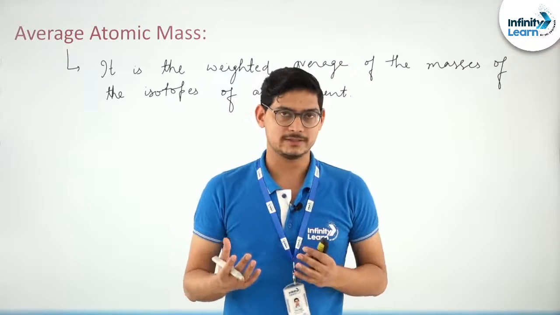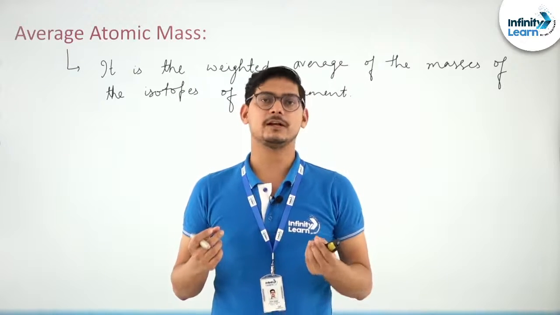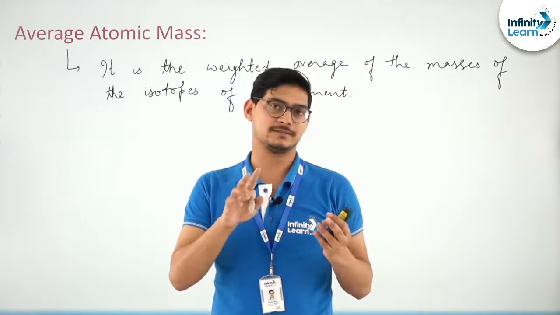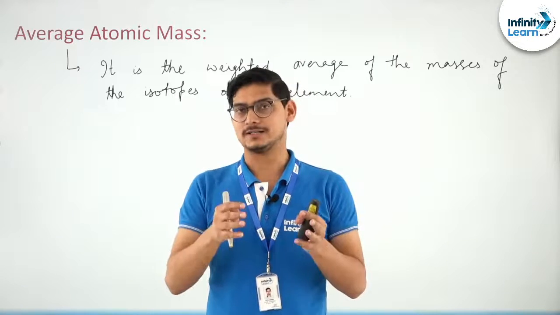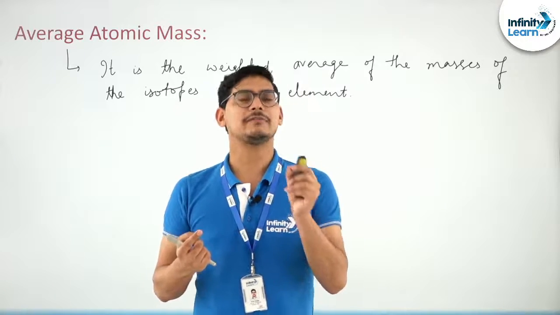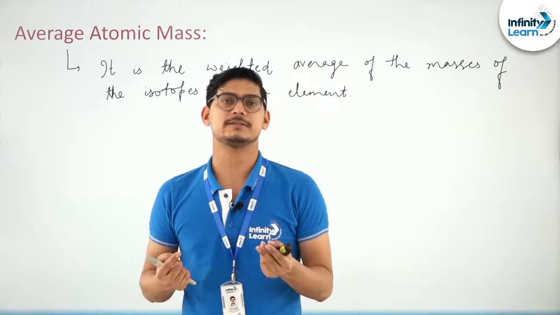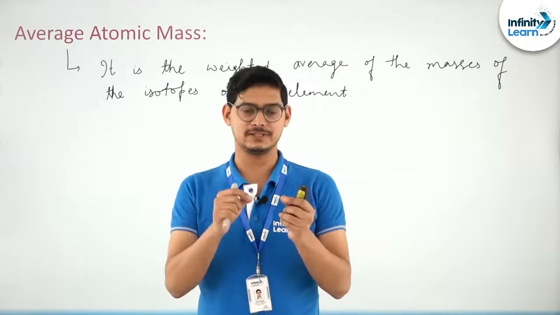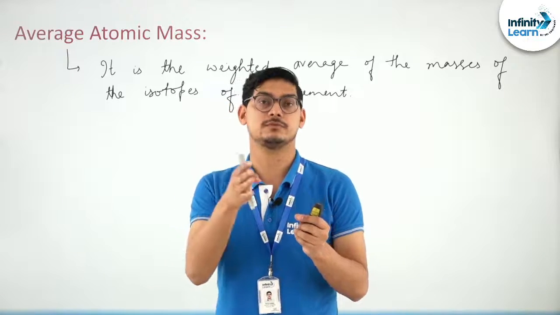What we mean by this is that any sample of chlorine will contain atoms of two different masses. So the average mass of a chlorine atom will be the weighted average. Weighted means you have to take into account their abundances. That's very clear. When we say weighted, it means you have to consider the ratios, right?